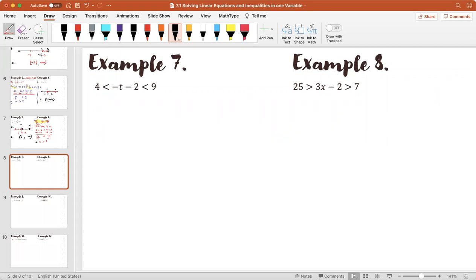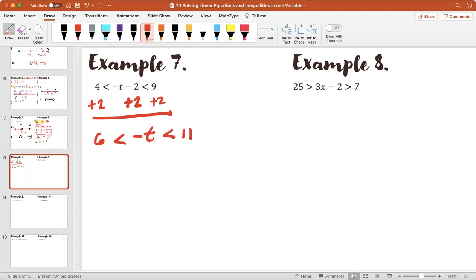So here we have to get rid of negative 2, make that 0. This is now plus 2, right? Make negative 2 zero, we add 2, also to the other two parts. So for the three parts, you have to do plus 2. 4 plus 2 is 6, less than negative t, less than 11.